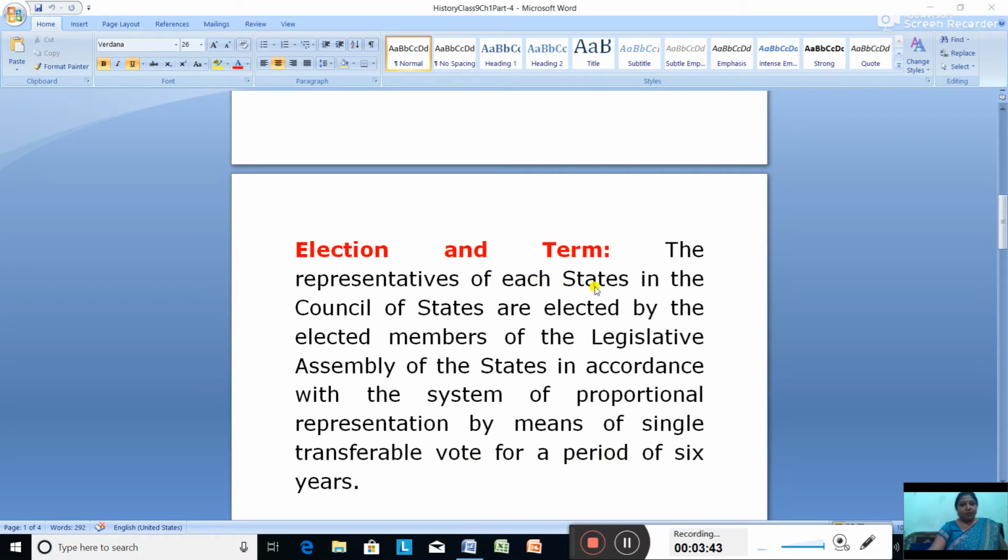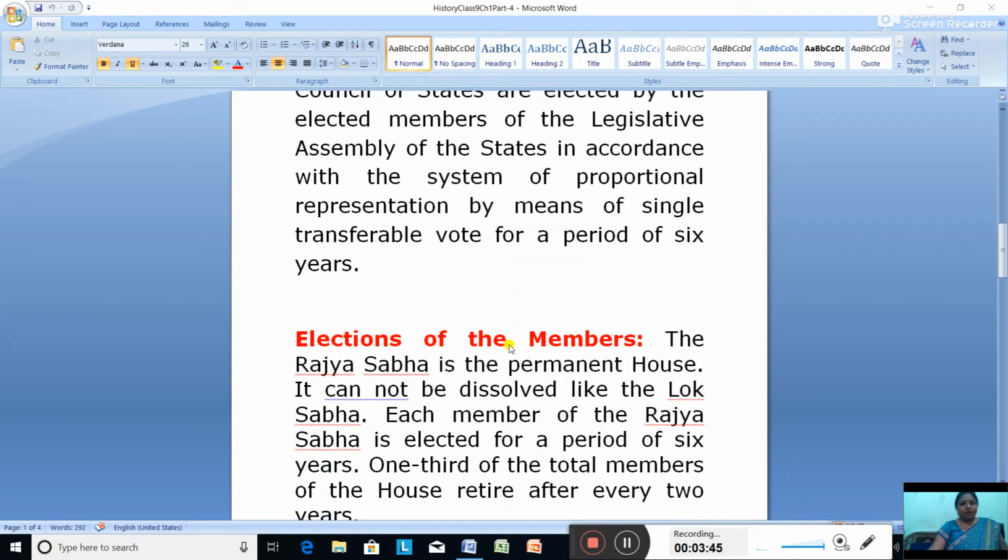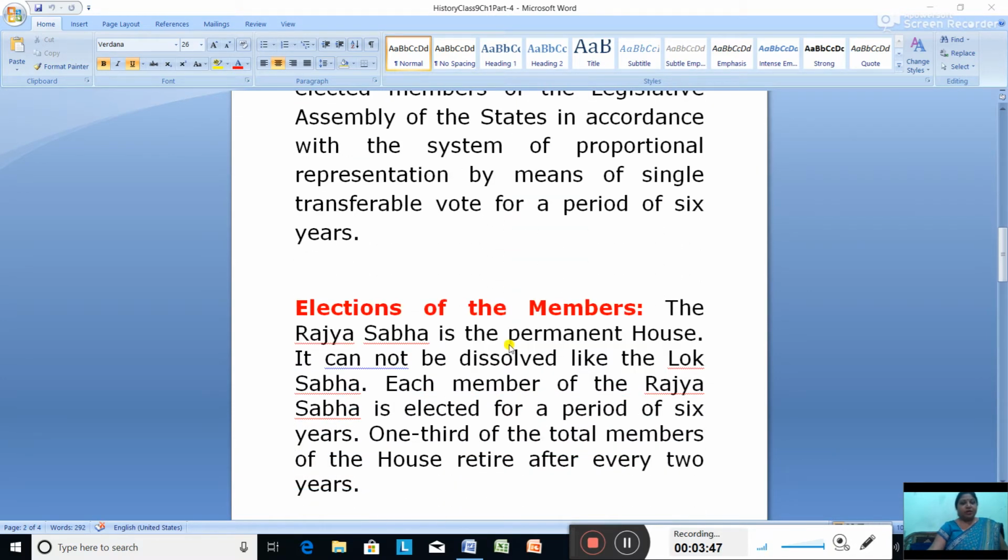Now the term. If the question asks what is the term of the members of the Rajya Sabha, then your answer will be that each member of the Rajya Sabha is elected for a period of 6 years, and one third of the total members of the house retire after every 2 years.